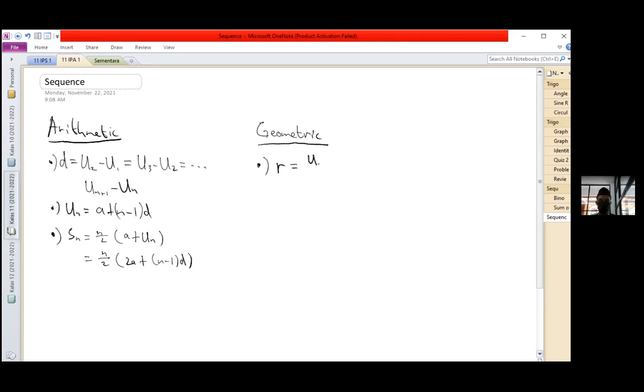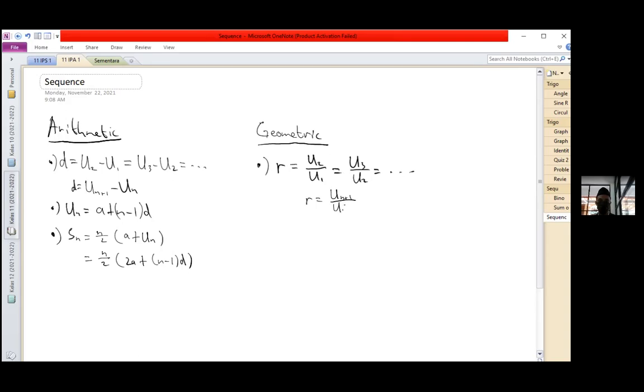So you can write it down as U2 divided by U1, or U3 divided by U2, U4 divided by U3, U5 divided by U4, and so on. And in general, r equals U(n+1) divided by Un.